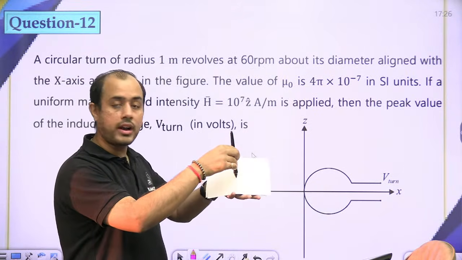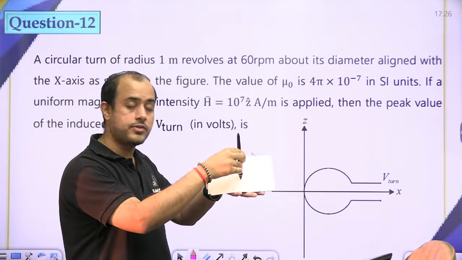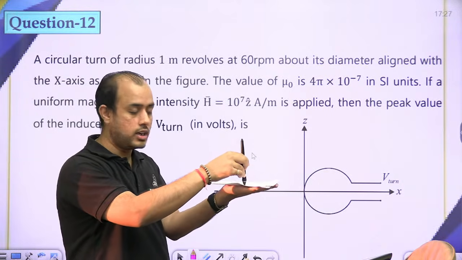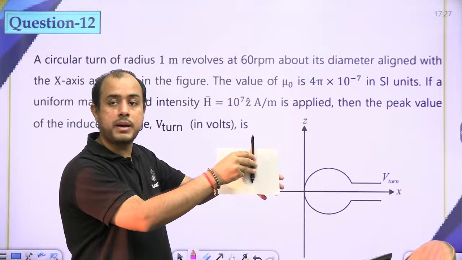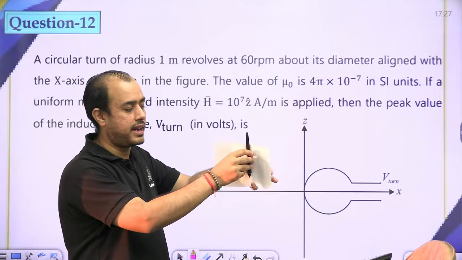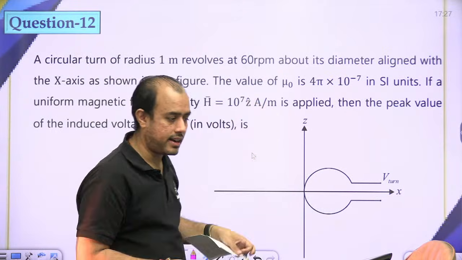Now when the coil is rotating beta, the angle which the coil makes with the magnetic field will change. So right now field is perpendicular to the coil. It rotates by 90 degree. Flux will be 0 because coil and field are parallel. Again 90 degree, perpendicular, again 90 degree, parallel.